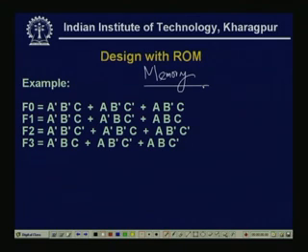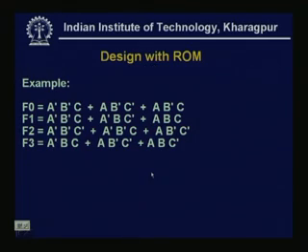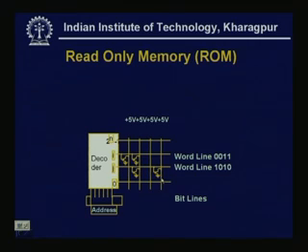Again, here we have taken a 3 variable example having 4 output expressions, and we will see how this can be designed using a memory. But before that, we see how the memory structure is.